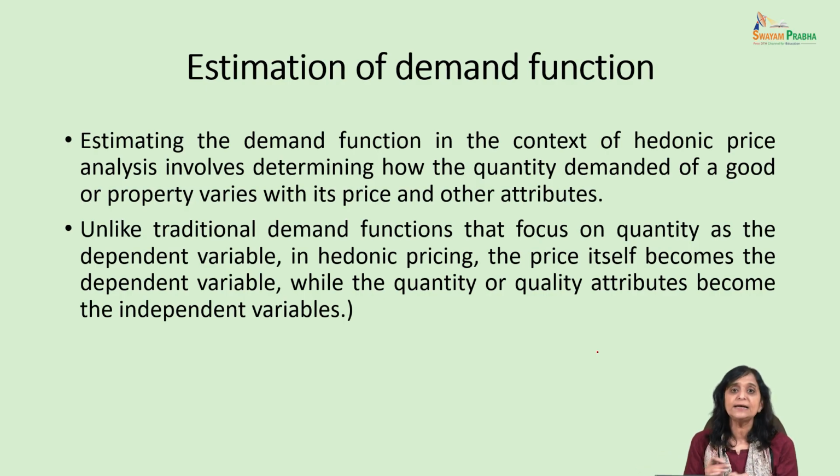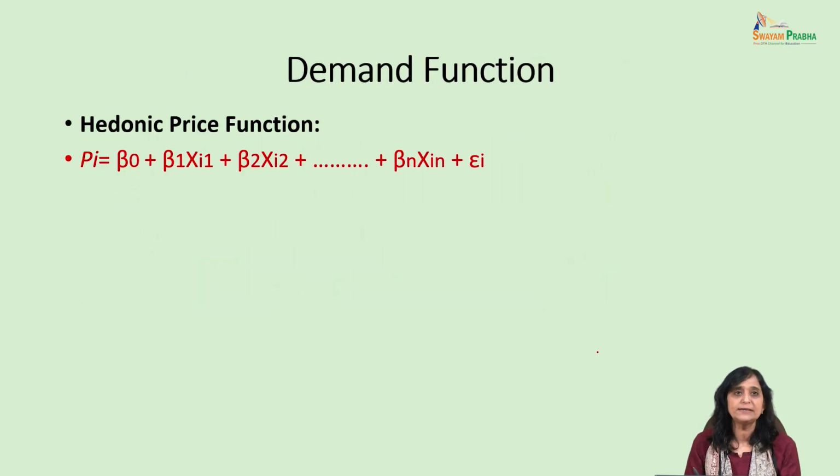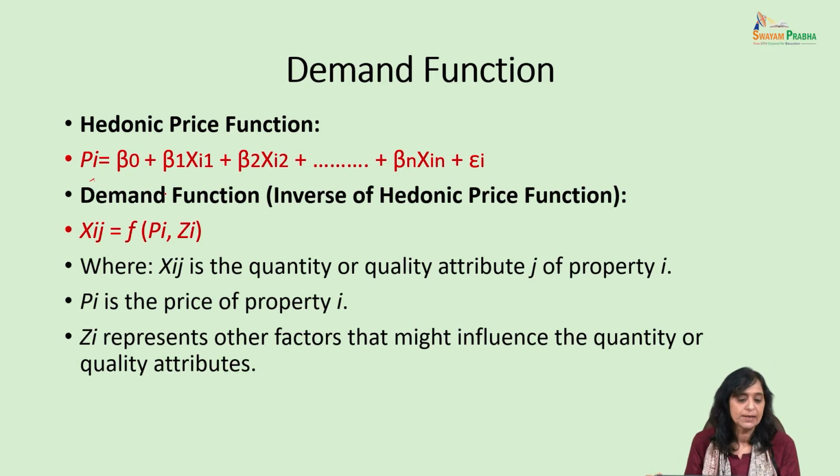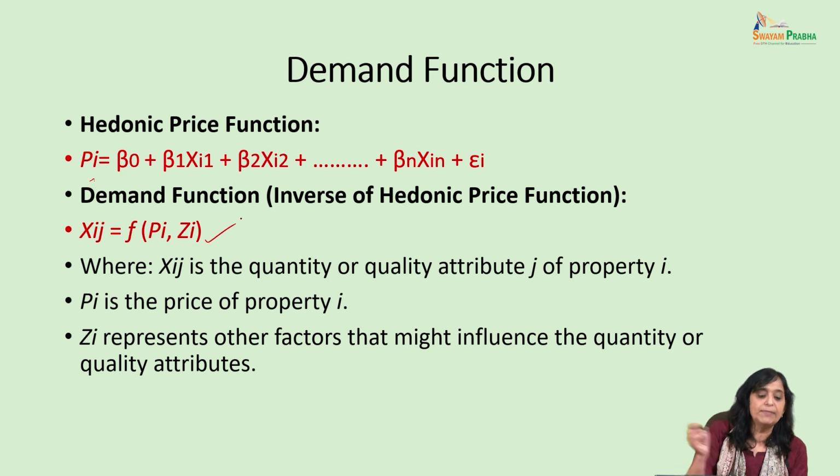So unlike the other where the price determines the quantity, here price itself is dependent on a few things. Therefore, when we estimate the demand function, we take first of all the price function, that is, the price of property i is dependent on xi1, xi2 till xin. And then we will invert this price function to get a demand function.